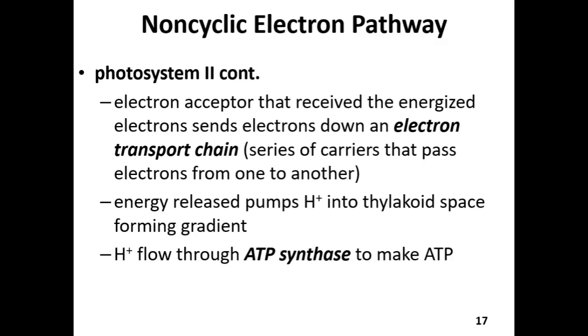Those hydrogen ions can only move back from higher to lower concentration through an ATP synthase protein. As those hydrogens flow through the ATP synthase protein, they cause the protein complex to spin, activating it, producing ATP. And then those electrons enter the reaction center of photosystem 1.